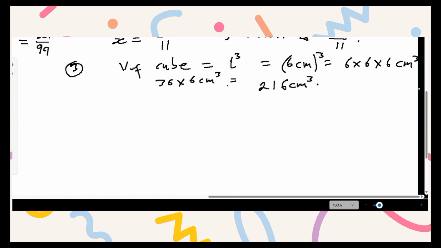So the volume of our cube is 216 centimeters cubed.